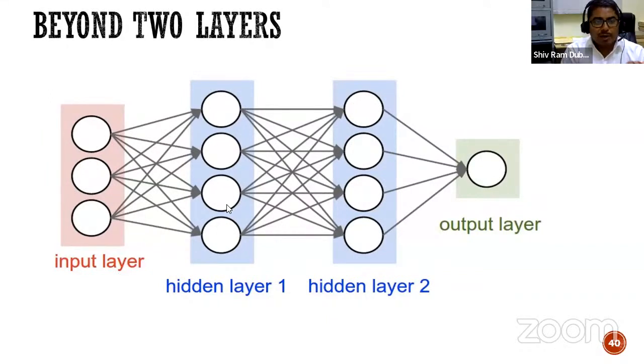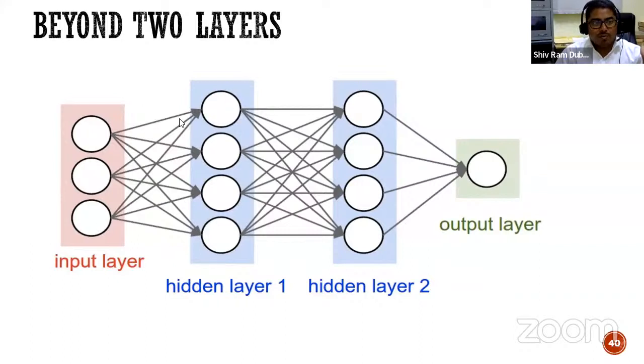When you implement it, suppose we have a hidden layer with some k number of neurons. Based on that, you initialize that many required weights. For example, suppose hidden layer 1 has 4 neurons and the input layer has 3 features. How many weights will be required?